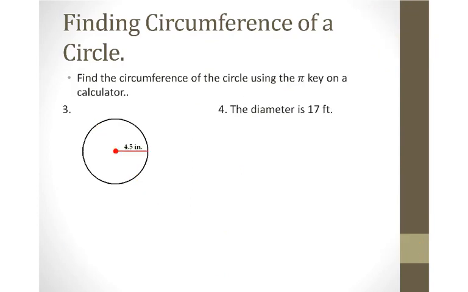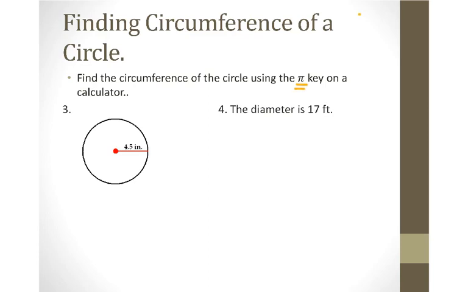So now they're telling you to find the circumference of the circle using the pi key on the calculator. So if you guys don't know the pi key on your calculator, I would suggest that you take a moment right now and pause the video so that you can find this key on your calculator.